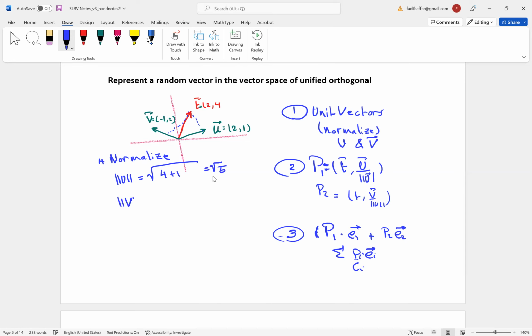And the length of the second vector v is the square root of 1 plus 4, which is again the square root of 5. So the unit vector of the first vector is u divided by square root of 5, and for v, it's v divided by square root of 5. And this is the first step.